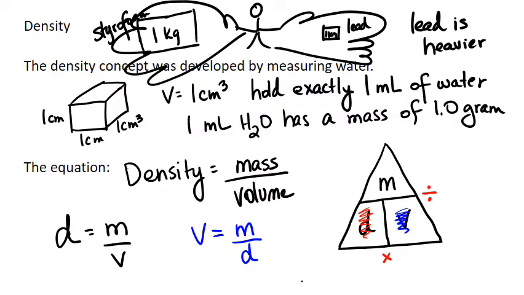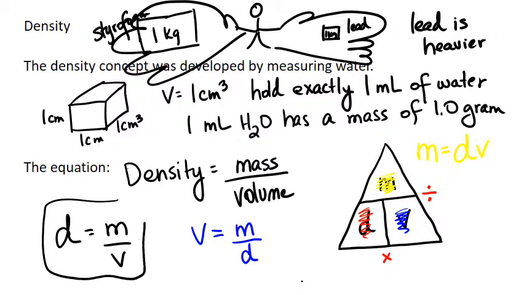The same thing if I want to solve for the mass: cover up the mass, and mass is equal to density times volume, since there's a vertical line between those two. That triangle stays up on the board all the time, so if you can't remember the density equation, it's up there for you to use as a reference. Okay? So let's look at some examples.